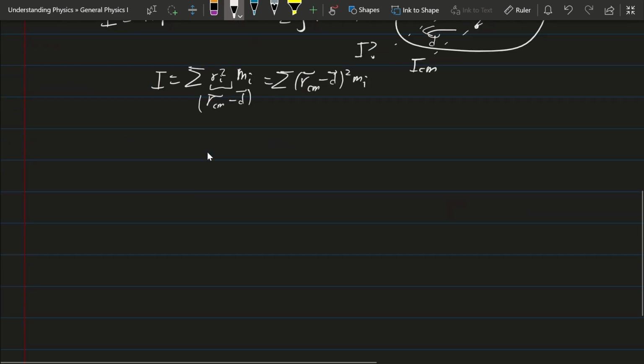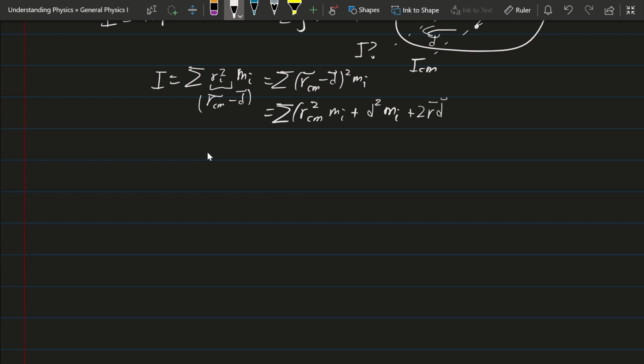And if you remember, if you actually square a vector, it is basically doing a scalar product of it. So basically this will be the sum of r_cm squared m_i, plus d squared m_i, plus 2 r_cm dot d m_i, the dot product.